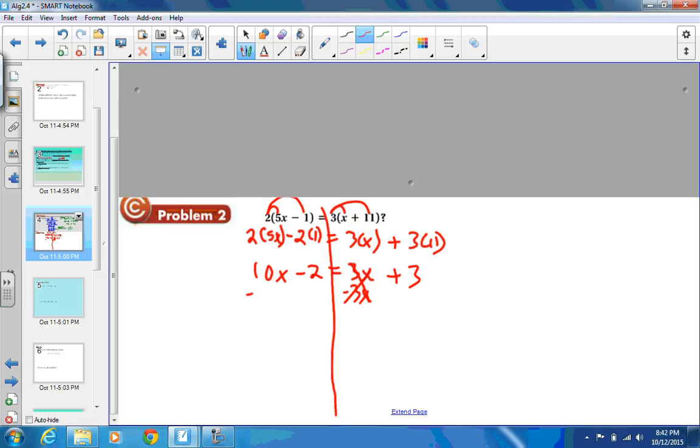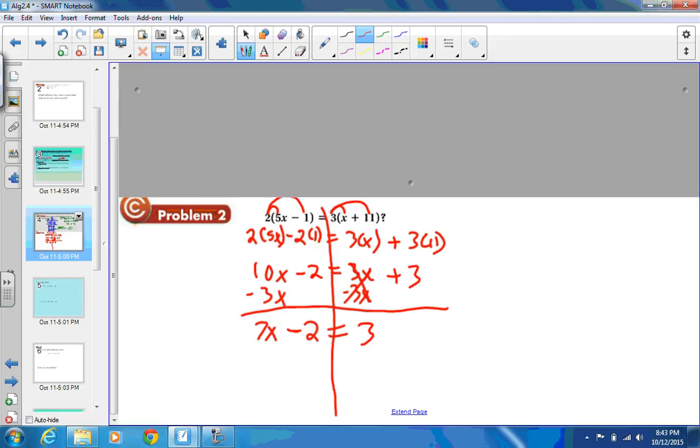So we have to subtract it from this side as well. The reason I line it up with the x's, you could line it up over here if you wanted, but you can only subtract the 3x from the 10x because those are the like terms. So we have 7x total over here with that minus 2 equals positive 3. Now you have a two-step equation, just like we've done previously.